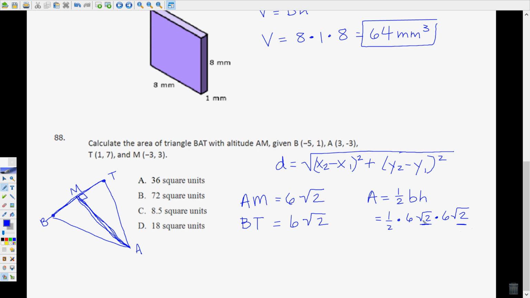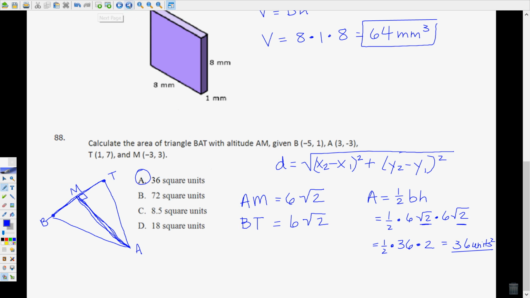Remember, that gives you the square root of 4, which would be 2. So we have here 1/2 times 6 times 6 is 36. Square root of 2 times square root of 2 is 2. And so that would give us 36 square units for the answer here. And that is letter A.